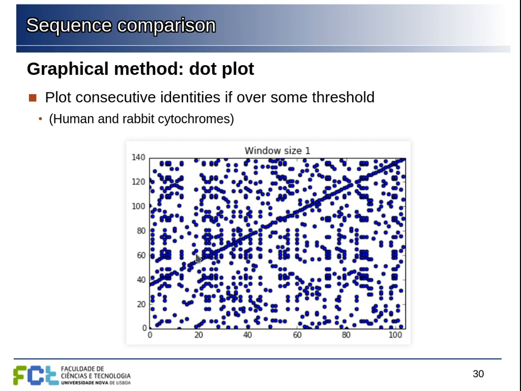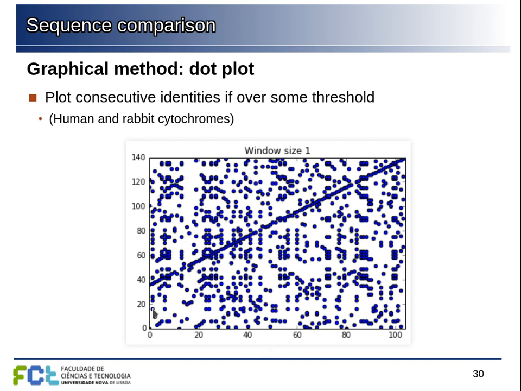We already saw examples of this in this lecture, but I'm going to detail this a bit more. You represent the positions of one sequence on one axis and the other on another axis. So in this case, we have human and rabbit cytochromes. And then you represent with a dot every combination where you have identity.